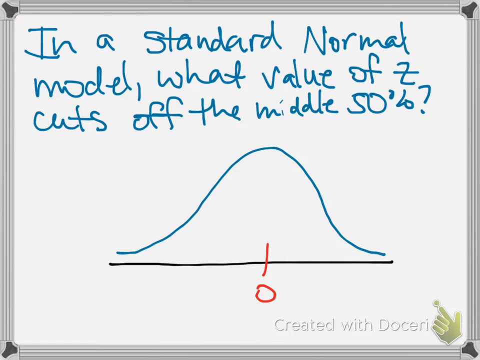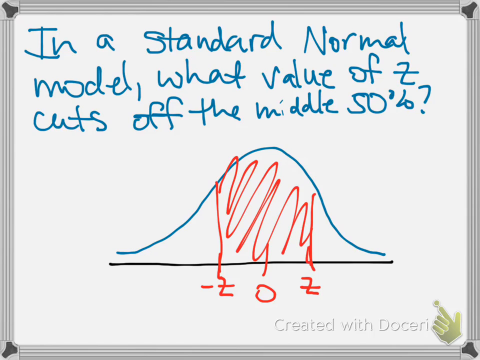We just want the middle 50%. So we're not going to have to go to quite one standard deviation above and below the mean. Our z-score, whatever it is, is going to be a little bit less than 1. So there's the area that we're looking for. But of course, we need two different values for z to figure this out.